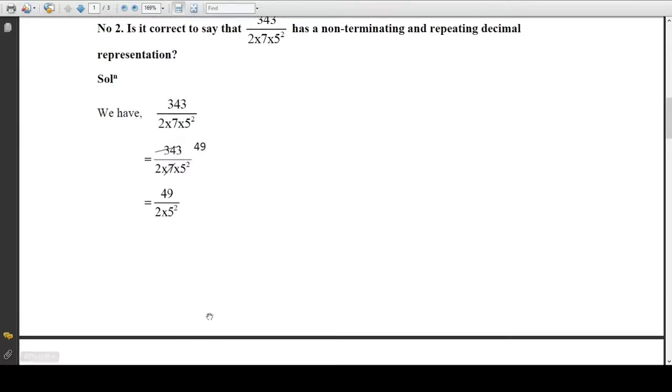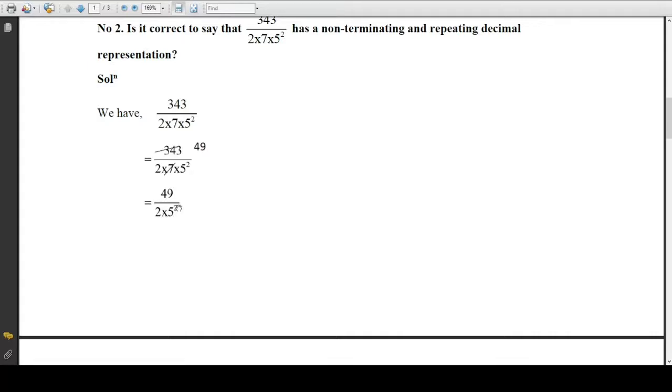We don't need to bother about the numerator. Look at the denominator: 2 to the power 1, 5 to the power 2. That means it has the form 2^m multiply 5^n.